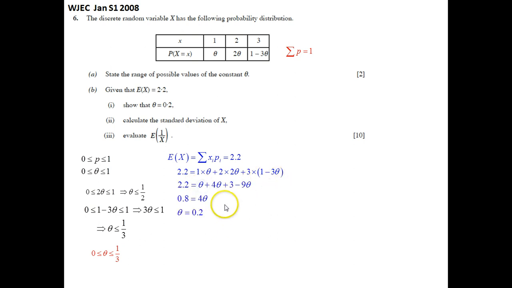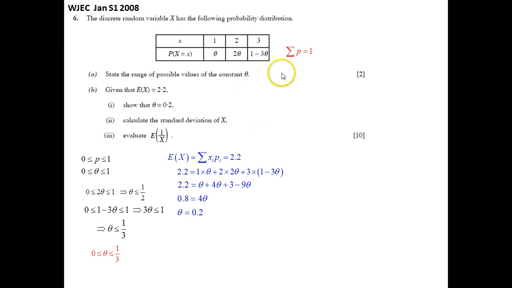Multiply those out, collect terms. The 3 can go over, so we have 0.8 is equal to 4 theta. We have minus 4 theta here, plus 5 theta minus 9 theta. So eventually we've got theta is equal to 0.2.